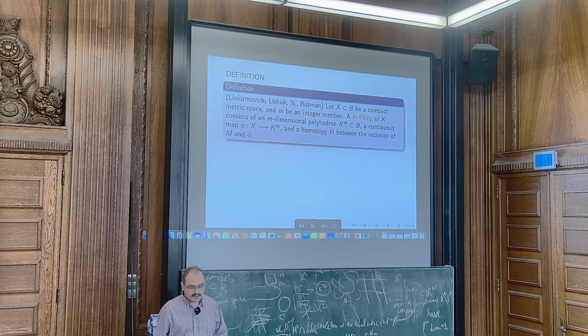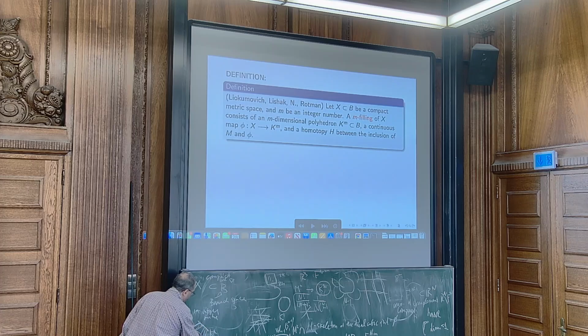An M filling consists of an M-dimensional polyhedron K and a continuous map from X to K as in the definition of the width. But this time, we really would like to have a homotopy. So here is X, and here is some K of dimension M, and here is some map phi. We don't want to merely have a map, we really would like to have some kind of filling.